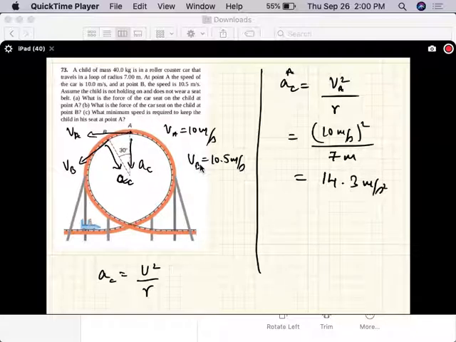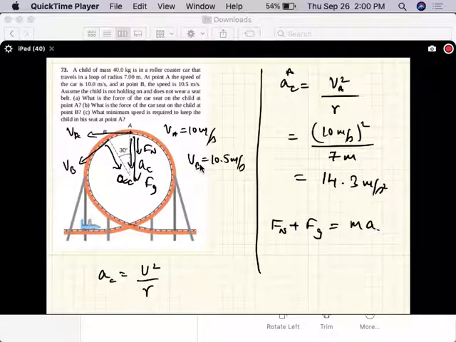So the normal force plus the force of gravity. What is the force of the car seat on the child?